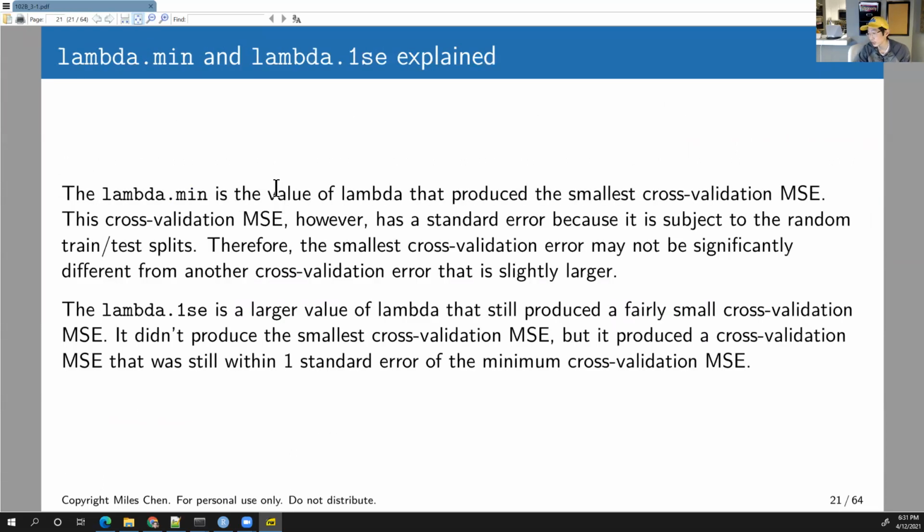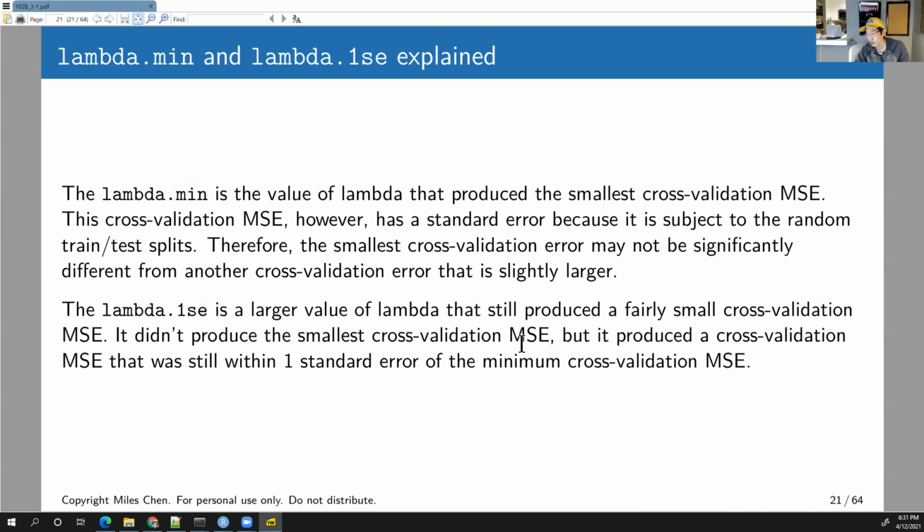The lambda.min is the value of lambda that produced the smallest cross-validation mean squared error. The cross-validation mean squared error has a standard error because it is subject to random train test splits. So the smallest cross-validation error may not be significantly different from another cross-validation error that's slightly larger. The lambda.1se value is a larger value of lambda that still produced a small cross-validation error.